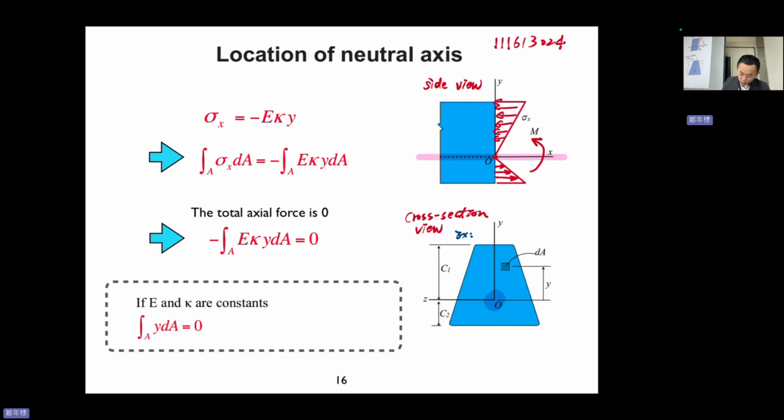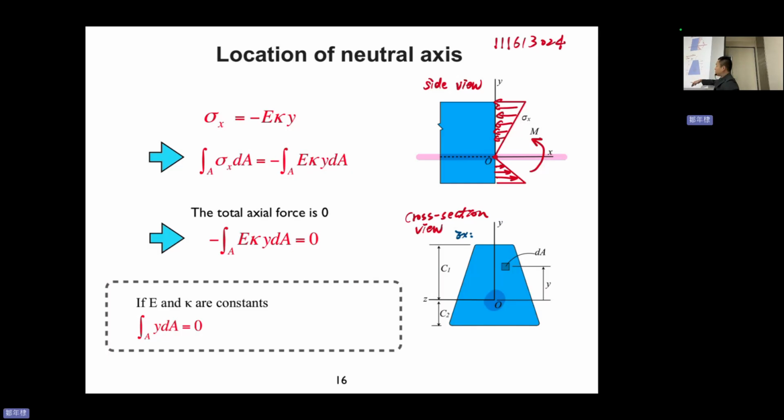All this stress is pinching this area, so stress times dA gives a force pushing the upper surface into the monitor.